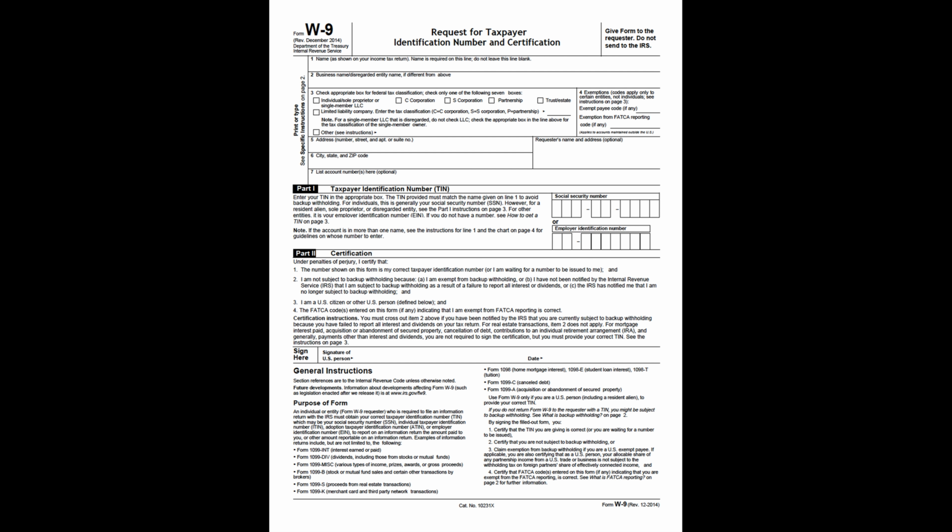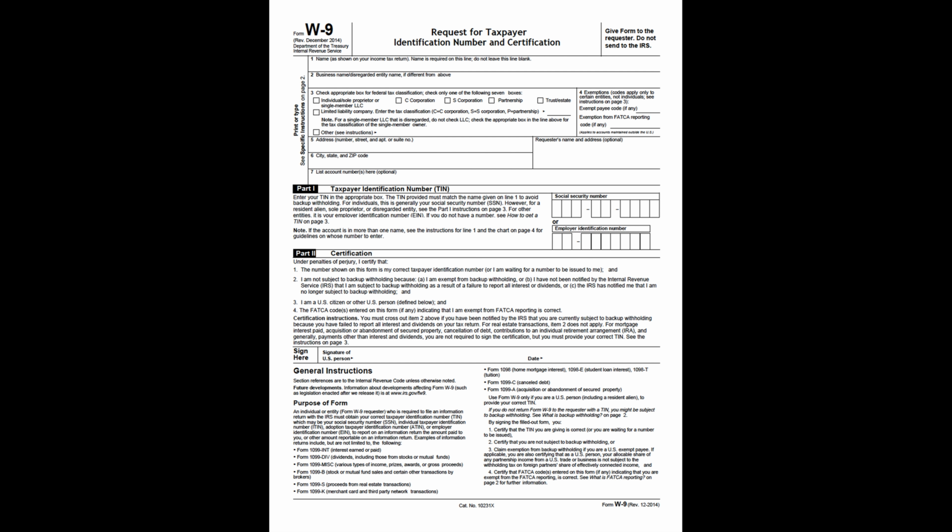An individual or entity, Form W-9 requester, who is required to file an information return with the IRS must obtain your correct taxpayer identification number, TIN, which may be your Social Security number, SSN, Individual Taxpayer Identification Number, ITIN, Adoption Taxpayer Identification Number, ATIN, or Employer Identification Number, EIN, to report on an information return the amount paid to you, or other amount reportable on an information return.